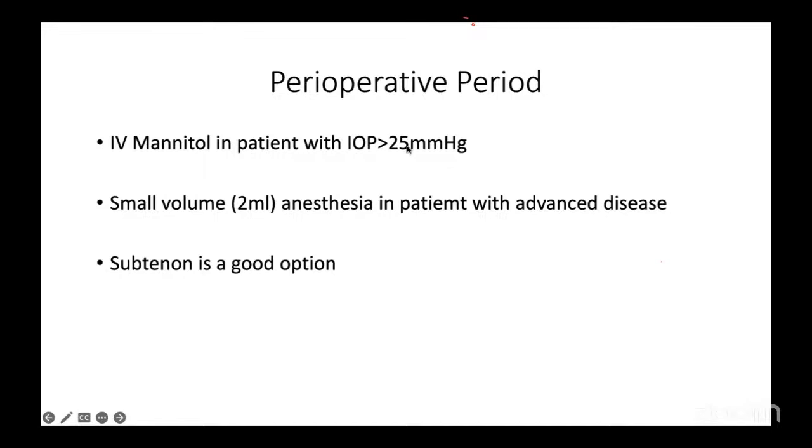What is advised? What I do is that if you don't want to apply it using the wick or the cotton bud, you can inject towards the fornix 0.04 in 0.1, that's 0.1 mil, which is equivalent to 0.04 milligram. You can give it about 1 hour before surgery, then you do the surgery.